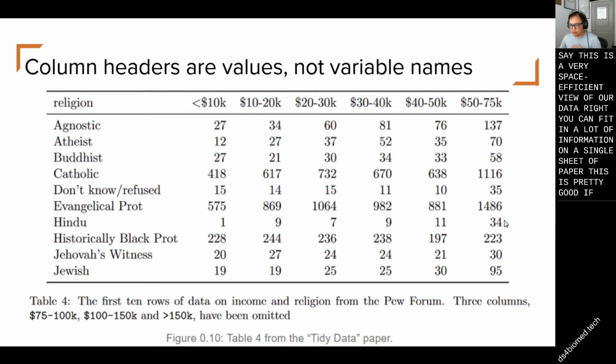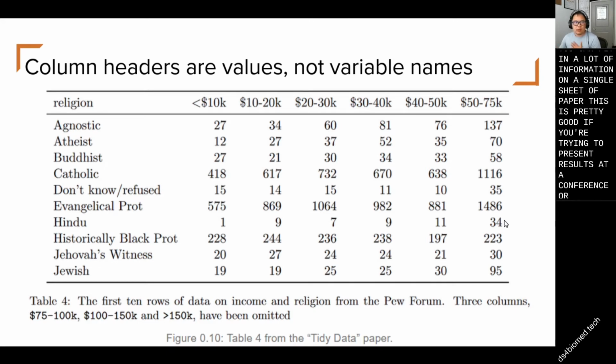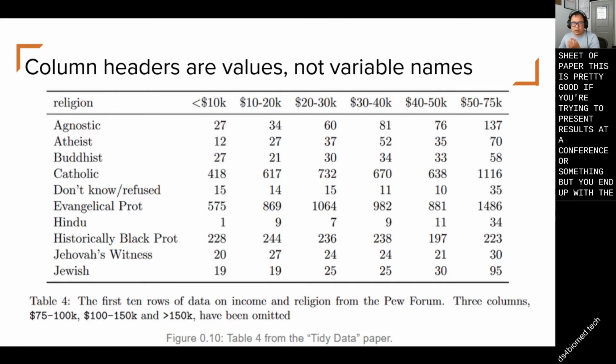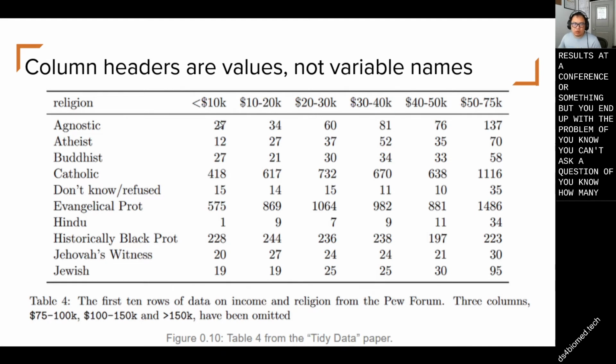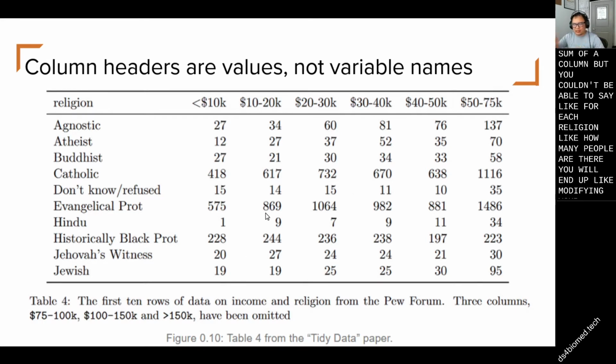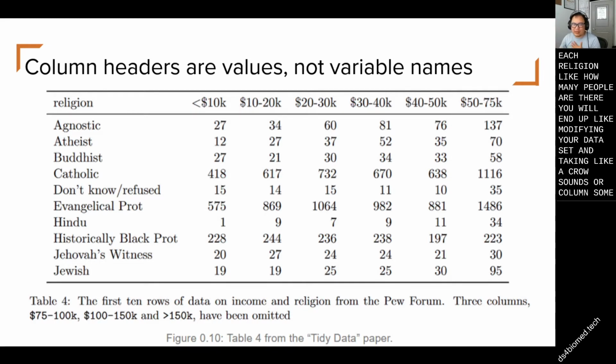This is pretty good if you're trying to present results at a conference or something. But you end up with the problem of, you can't ask the question of, how many people are there in each income bracket. You could, in this case, maybe take the sum of a column, but you couldn't say, for each religion, how many people are there. You would end up modifying your data set and taking row sums or column sums to make that set of calculations.